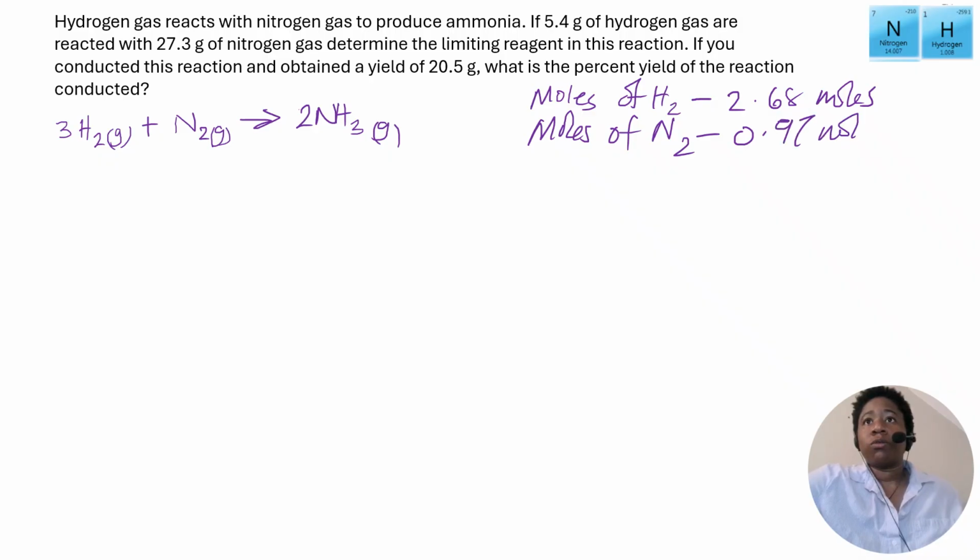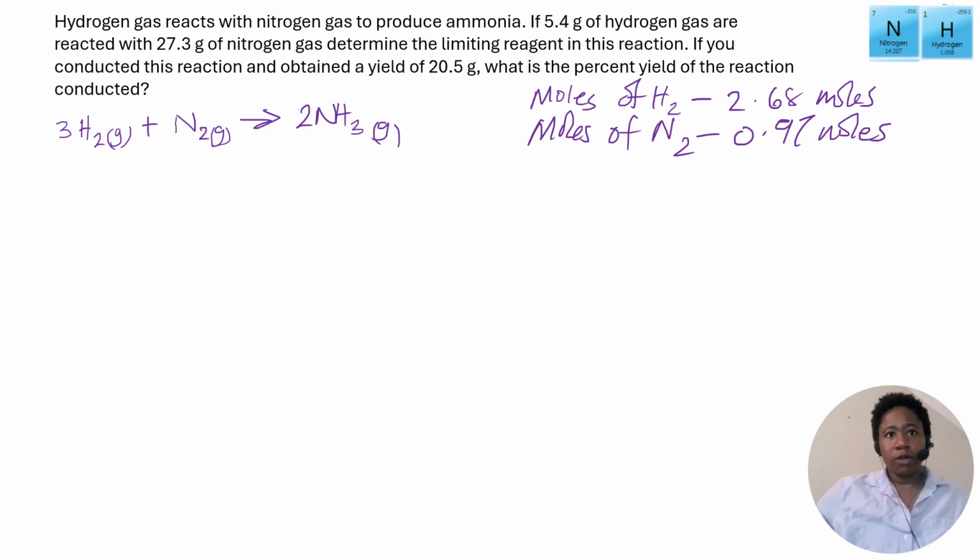So we want to use these two molar quantities in our balanced equation to see which one will produce less ammonia. The one which will produce less ammonia will be deemed the limiting reagent because it will be used up completely in the chemical equation.